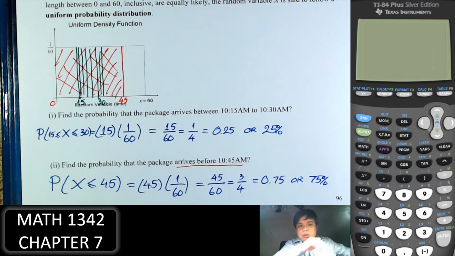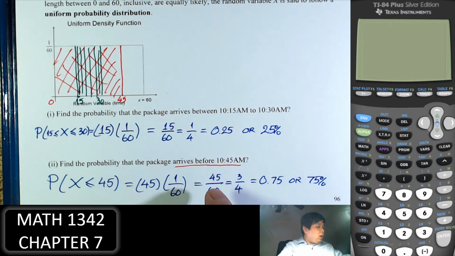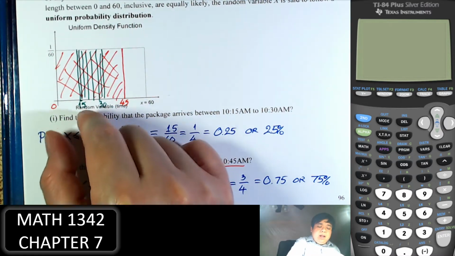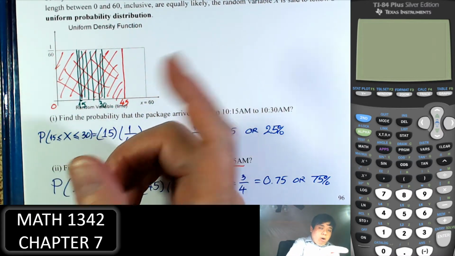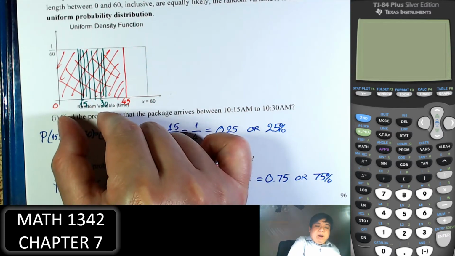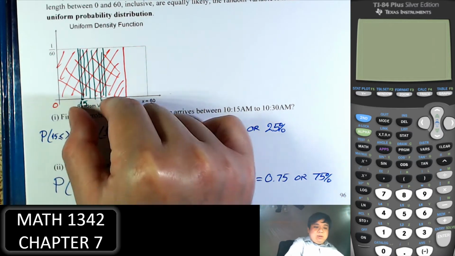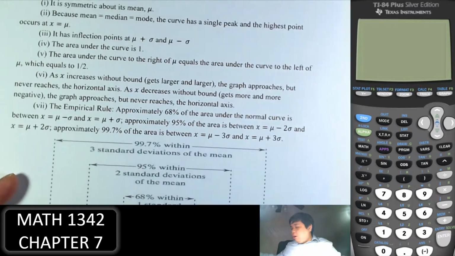Right. So it's just a simple example to show how probability and area are related. The total area is 1, and the area of a certain portion corresponds to the probability for the random variable between the corresponding values.